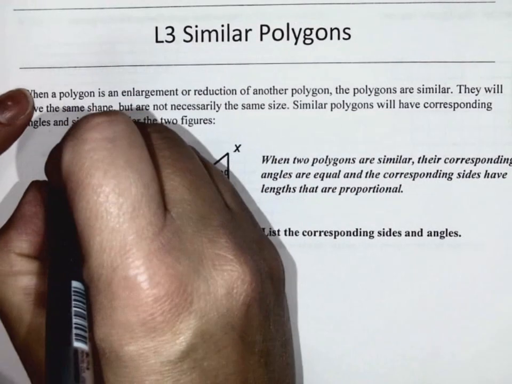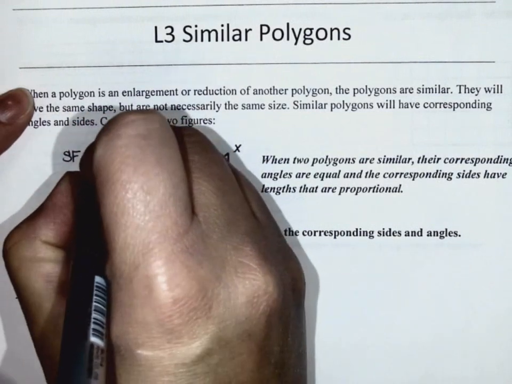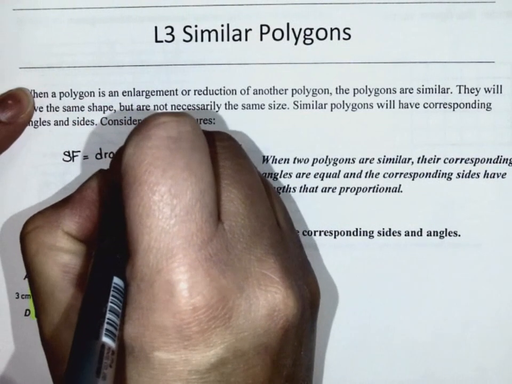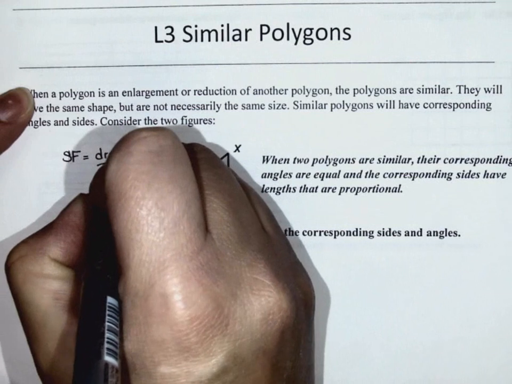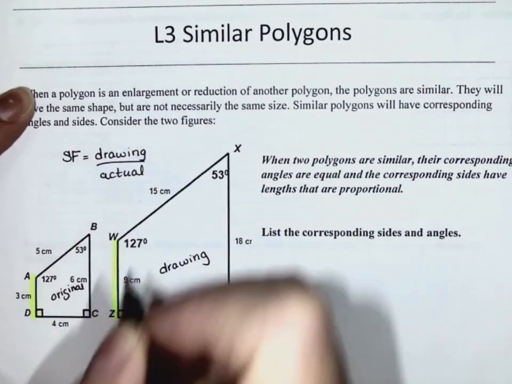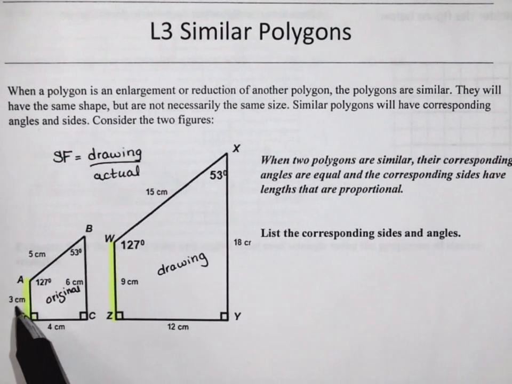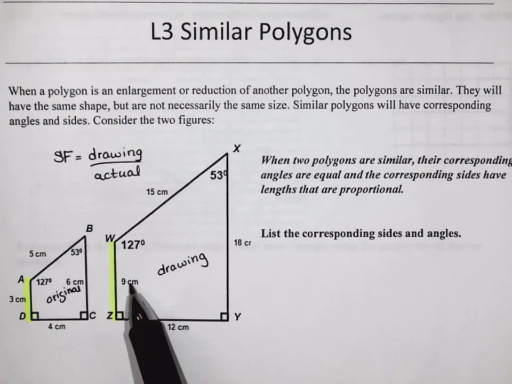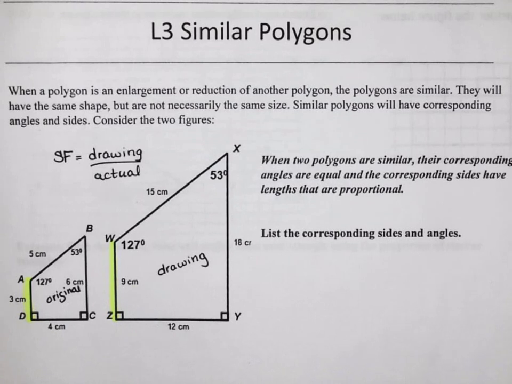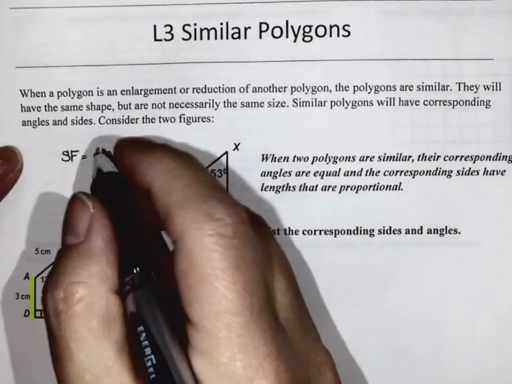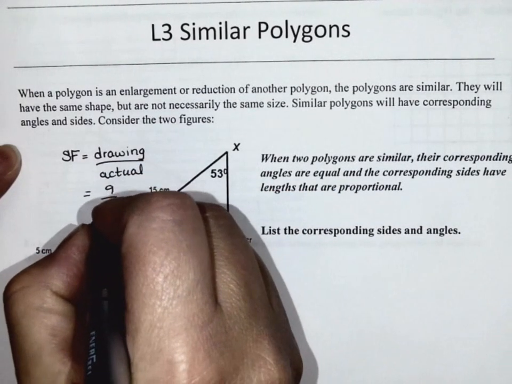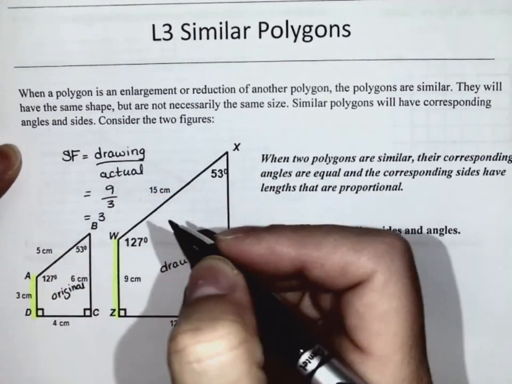So scale factor is equal to the drawing divided by the actual. So what's the scale factor? Well, even thinking about it this way, what do I have to multiply 3 by to change it to 9? 3. So the scale factor is 3, because we would take 9, divide it by 3, and get 3 for an answer.